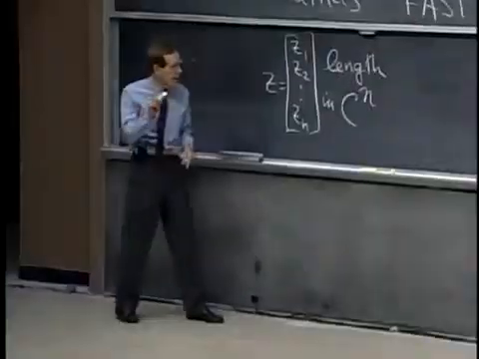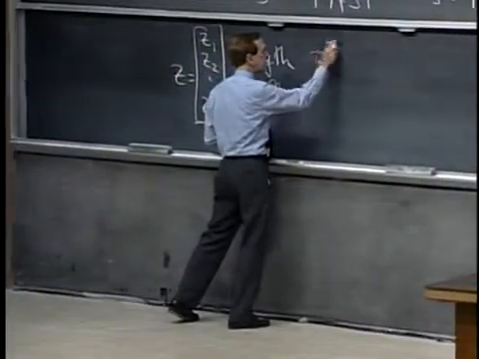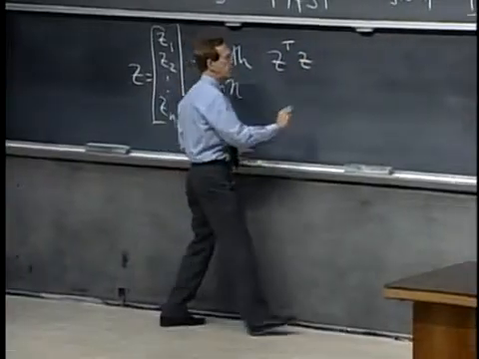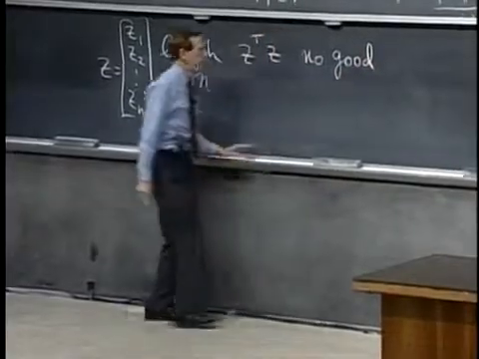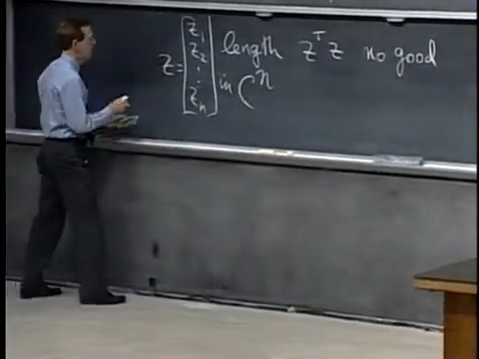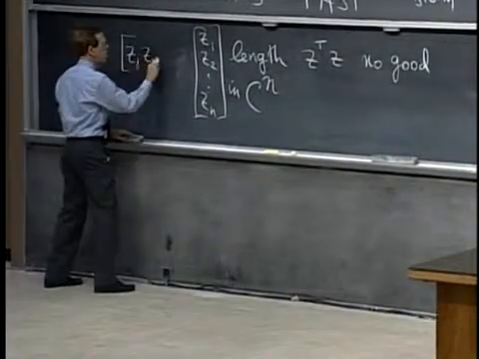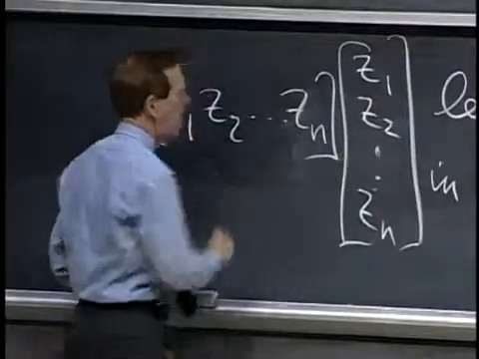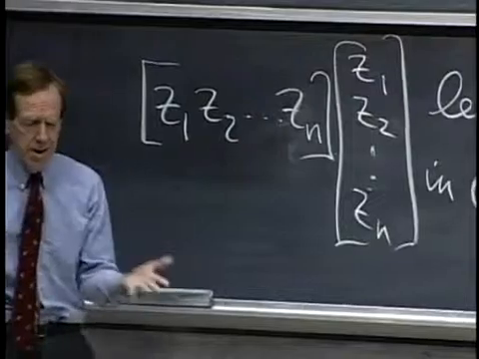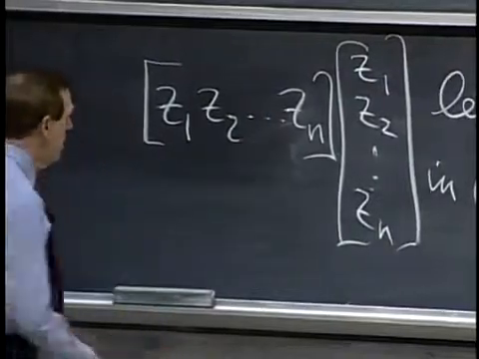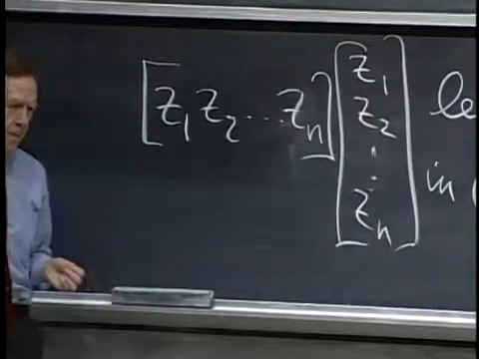But now the point about its length is that z transpose z is no good. Z transpose z, if I just put down z transpose here, it would be z1, z2 to zn. Doing that multiplication doesn't give me the right thing. Why not? Because the length squared should be positive.